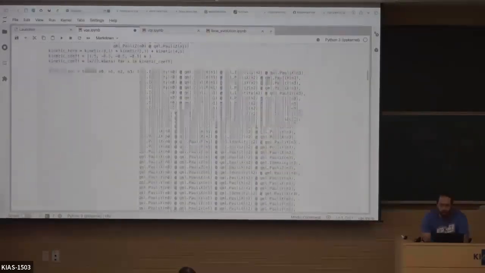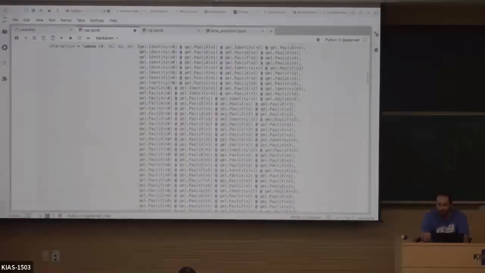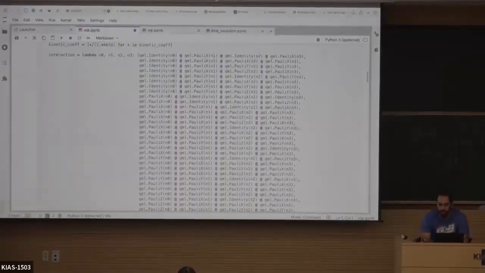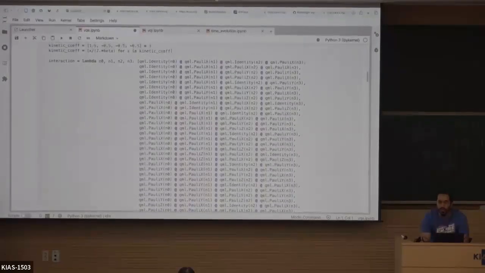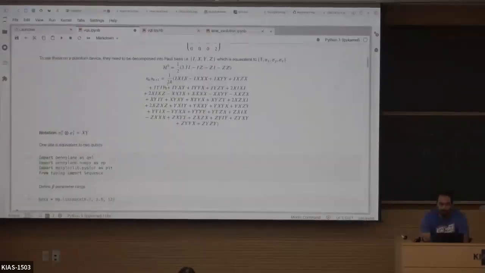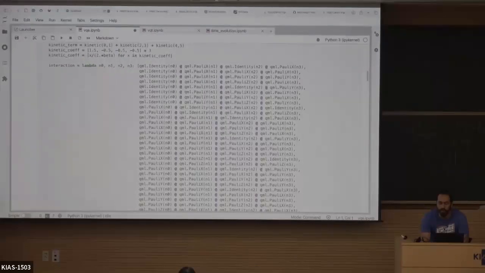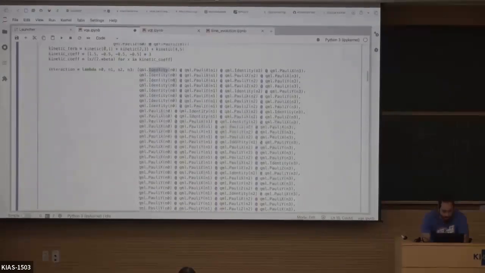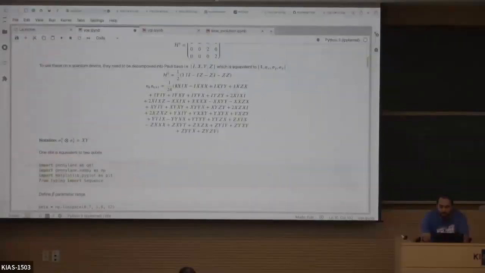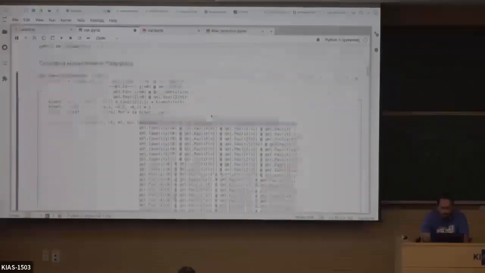So as you can see here, this gigantic thing is my interaction term, okay? I basically write each and every term up there. This interaction term is written in terms of PennyLane's Pauli matrices. Let's go through the first term, for example. I have Pauli X times identity times another identity, another Pauli X, right? It's exactly this particular term, okay?